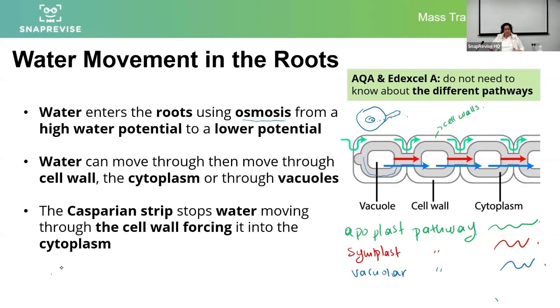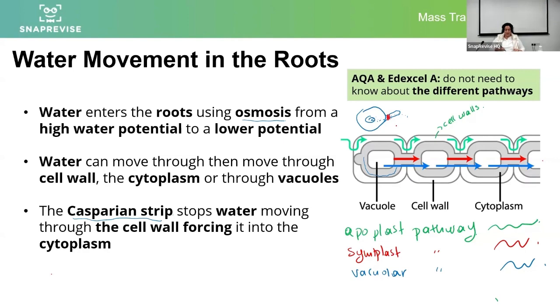We have an adaptation called the Casparian strip, which is usually found, so if this is my root hair cell, somewhere here, like at the end of this pathway.